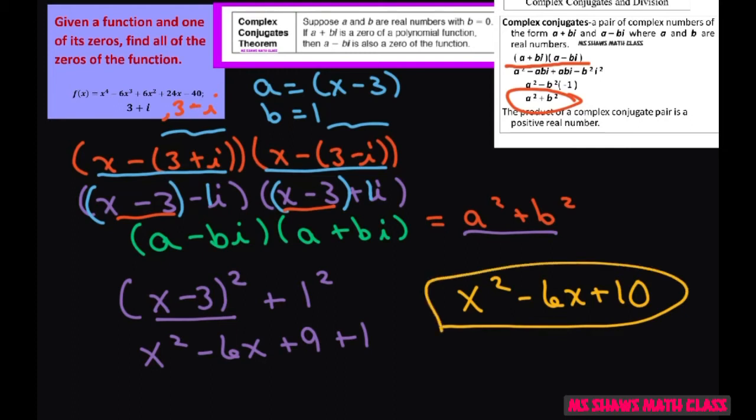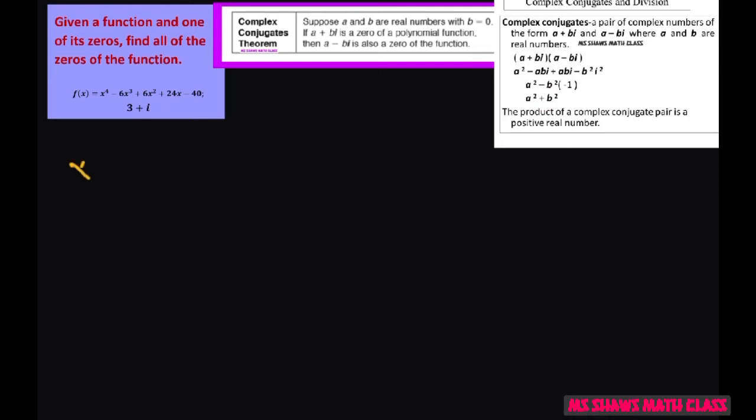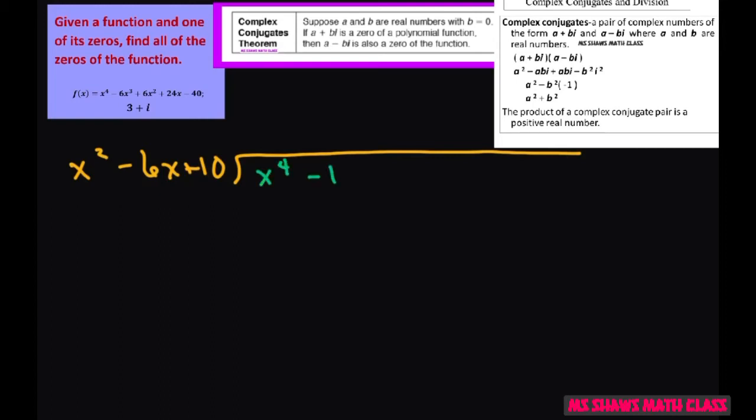Now that I've formed that polynomial, I'm going to use it to divide our original one to get the other zeros. So we have x squared minus 6x plus 10, and our dividend is x to the 4th minus 6x cubed plus 6x squared plus 24x minus 40.